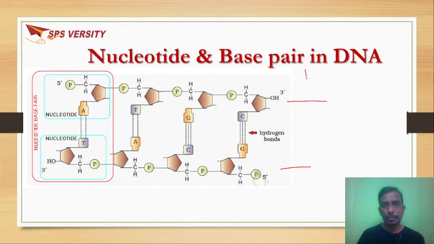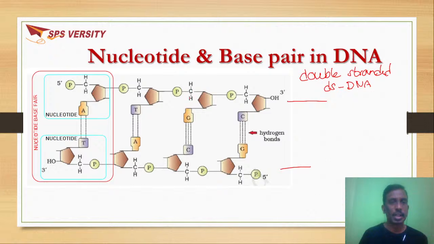As it is made up of 2 strands, it is called double-stranded. So if you take the double-stranded, it is called DS DNA. In most DNA, there are 2 strands, and each strand is made up of many nucleotides.